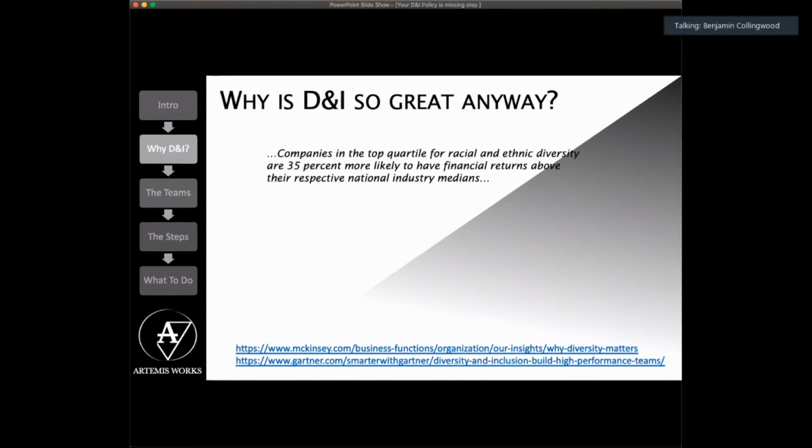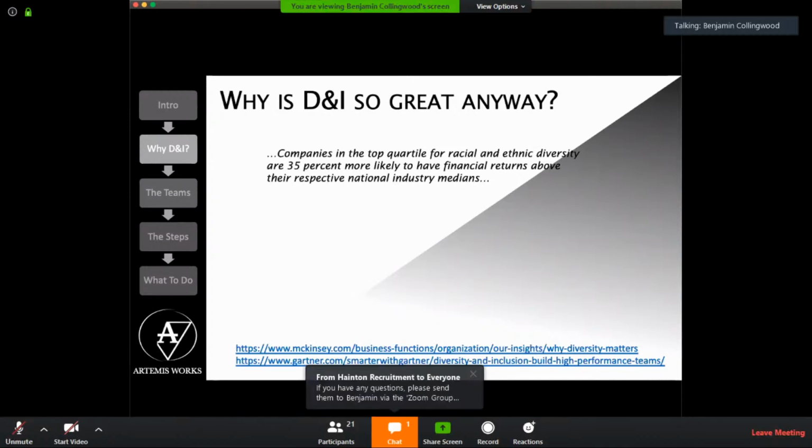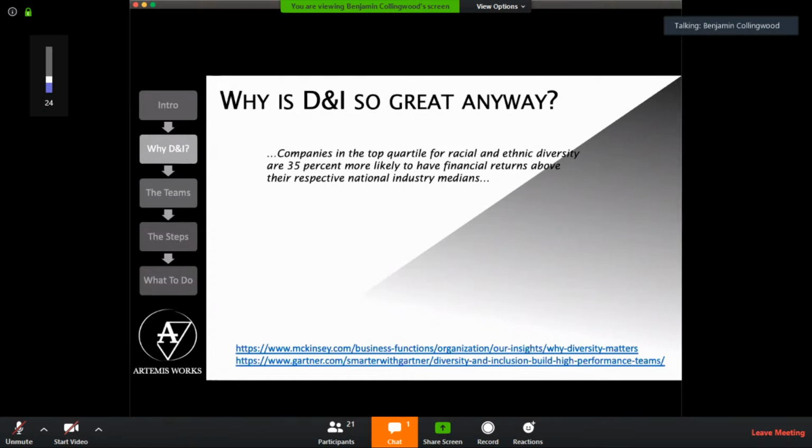So essentially, companies in the top quarter for racial and ethnic diversity are 35% more likely to have financial returns that are better than all of their competitors. That's obviously very advantageous.